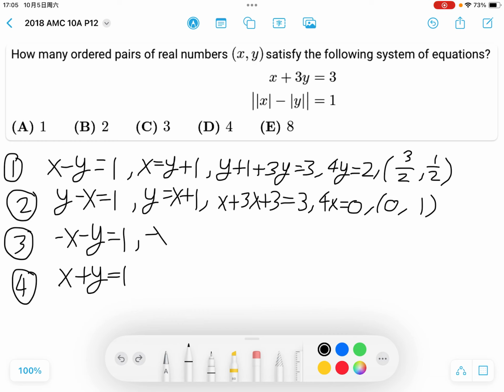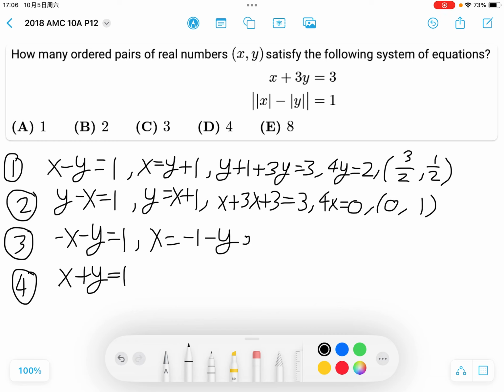So if we multiply both sides by negative 1, the positive x equals negative 1 minus y.